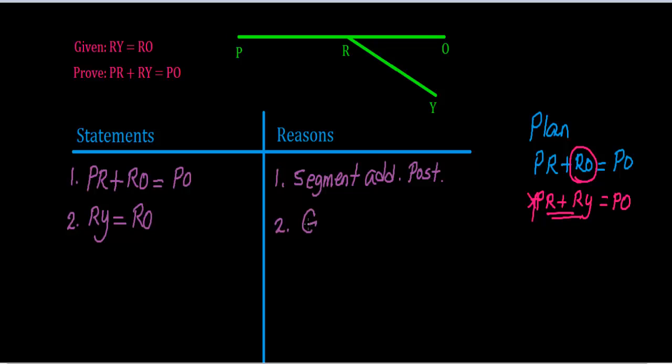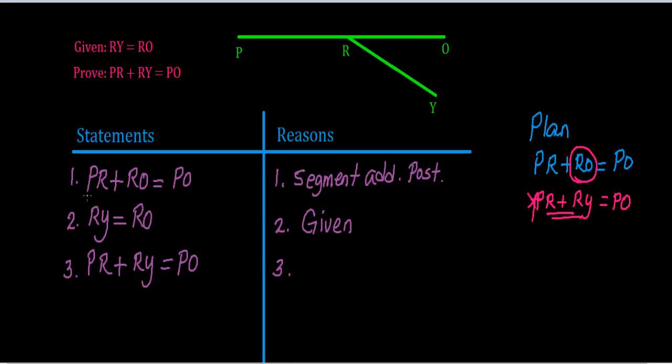Well, it's given. The evidence is there. For statement number 3, I am going to go ahead and make that substitution. Once I've stated this and stated this, I have enough evidence here to say that PR plus RY is equal to PO. How did I get from step 2 to step 3?